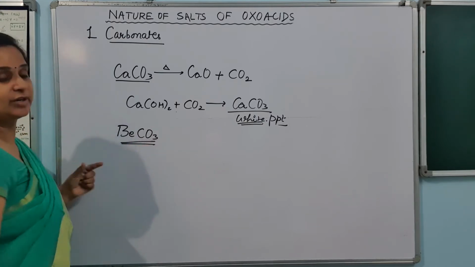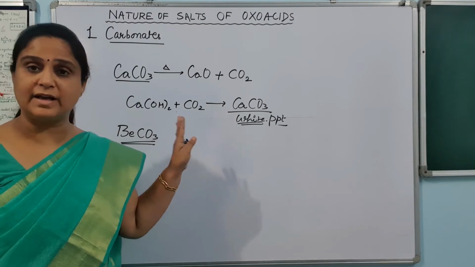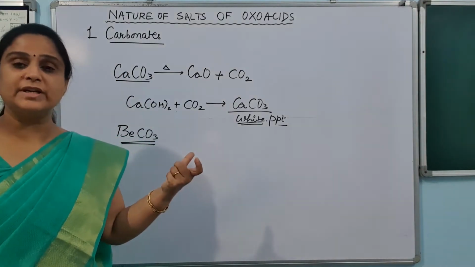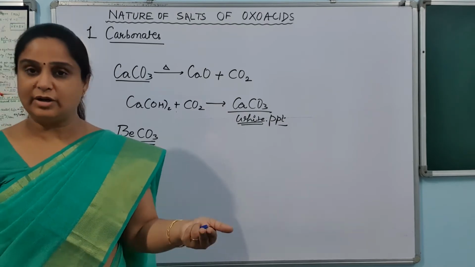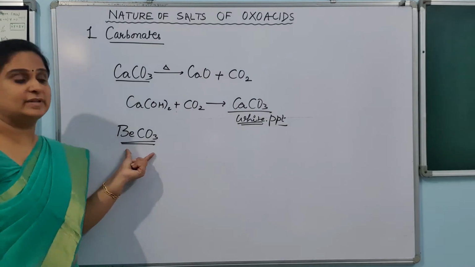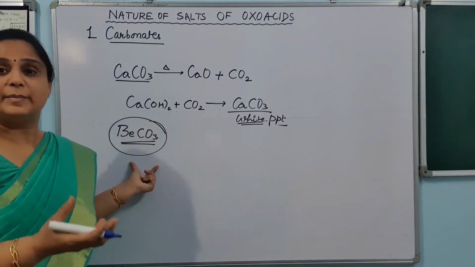This beryllium carbonate is so unstable, although all बाकी सारे are very stable. They decompose on heating only. They decompose on heating and then they give oxide and carbon dioxide. But this beryllium carbonate is so unstable that it is not stabilized in the normal temperature even.